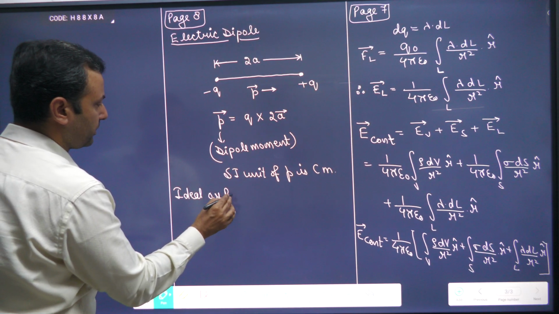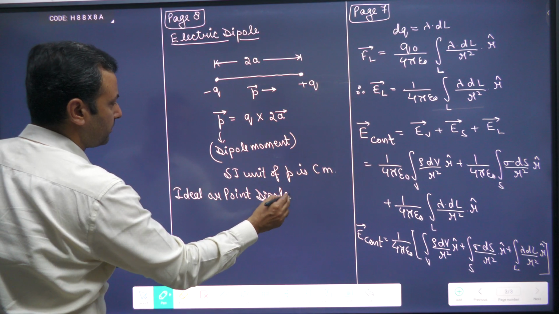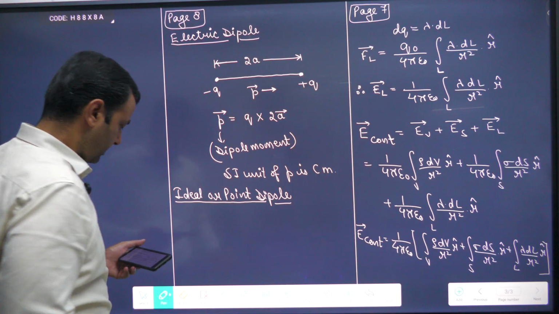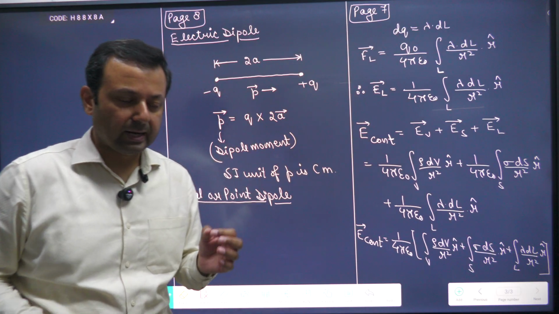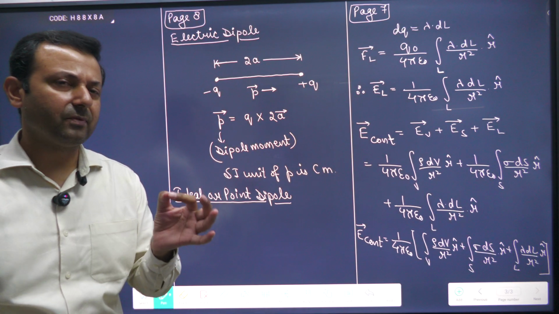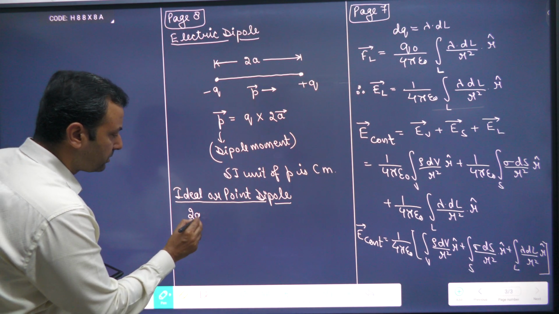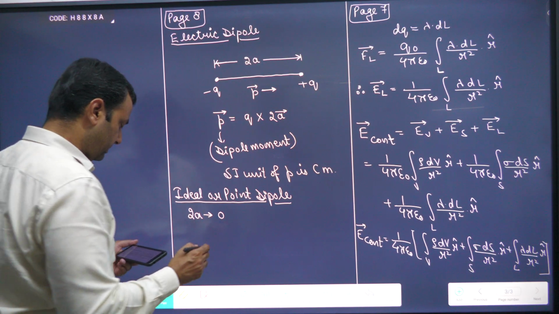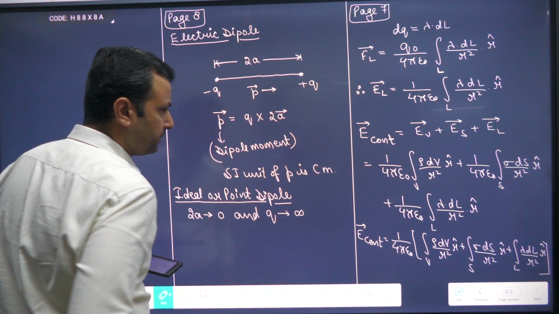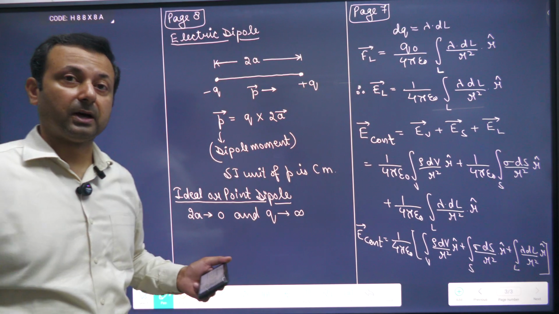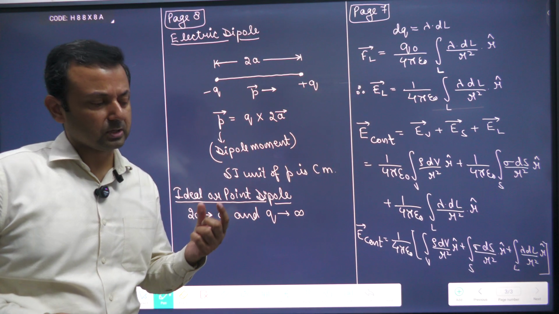Now, ideal or point dipole. A dipole in which size 2a tends to 0 is called an ideal dipole, where the size is very small. So in an ideal dipole, 2a tends to 0 and q tends to infinity, meaning the value of charge is very large, and the distance between the two equal and opposite charges is very small.